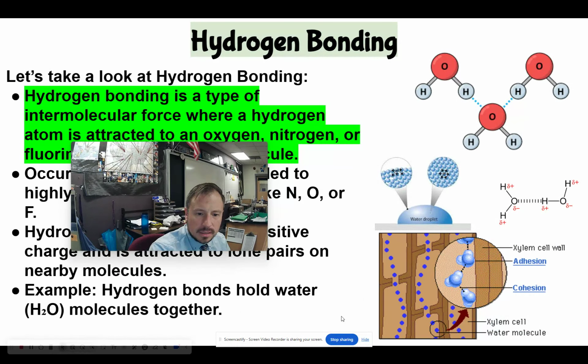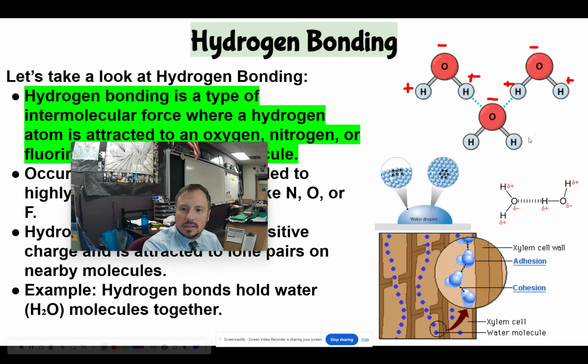And water is really the best example of this. What happens is, we already talked about this with a polar bond. Because oxygen wants those electrons more, it becomes slightly more negative than those hydrogens, right? Those positively charged parts, they're not ions, sorry, but they're positively charged parts of this covalent compound.